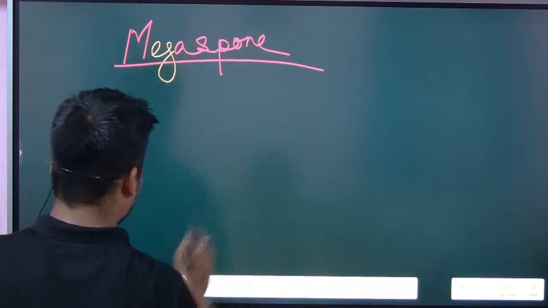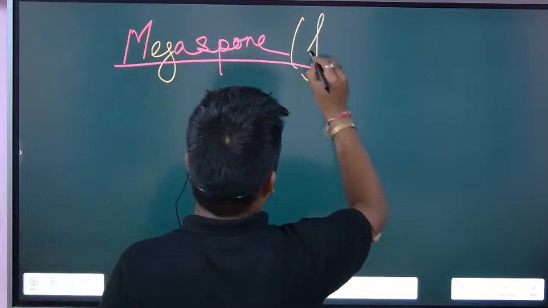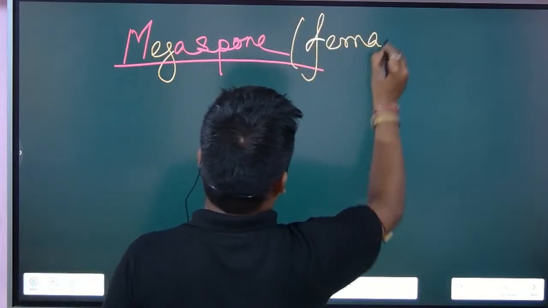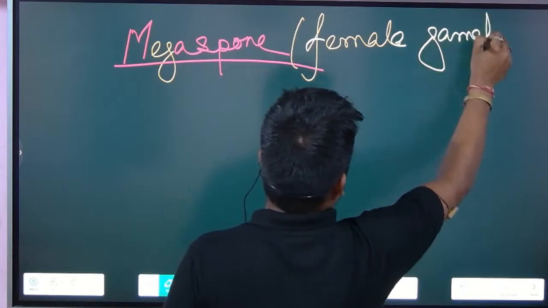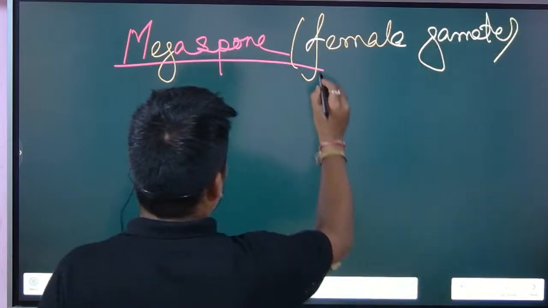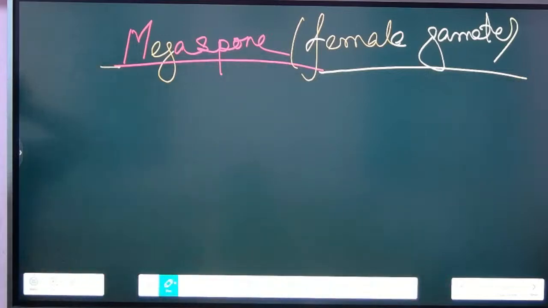It's a female gamete. So let's learn about the female gamete, where the female gametes are formed.